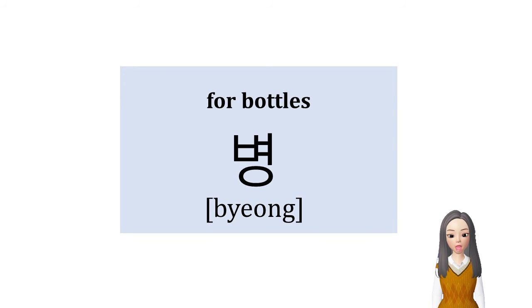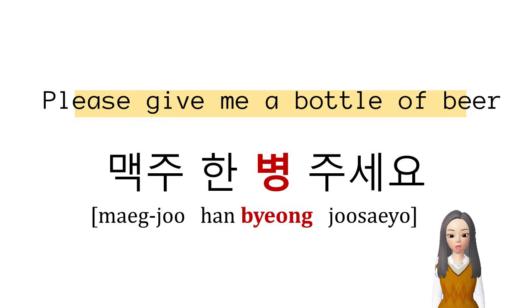The next counter is for bottles. 병. For example, please give me a bottle of beer. 맥주 한 병 주세요. These sentences are very useful when you visit a Korean restaurant. 맥주 한 병 주세요.